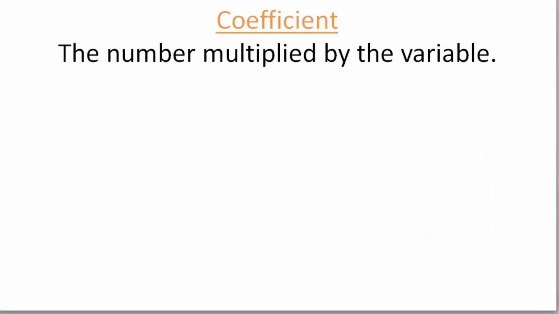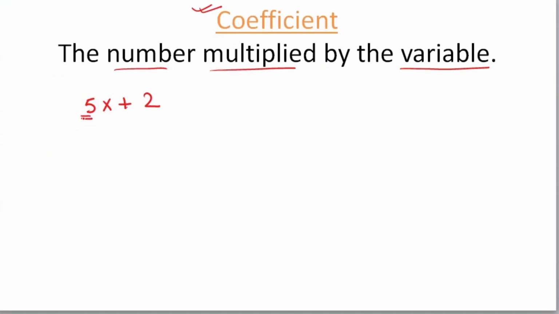Then in variable expression, there is a word that comes, that is coefficient. So what is a coefficient? The number multiplied by the variable. The number which is multiplied by the variable is the coefficient. Look at this expression. 5x plus 2. See 5.